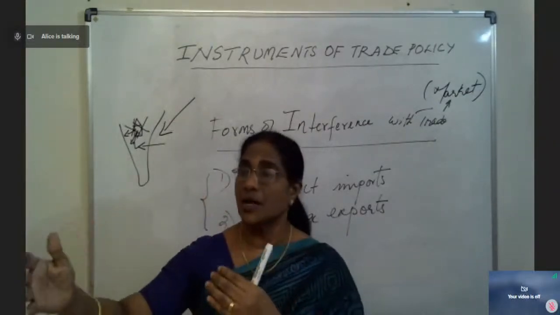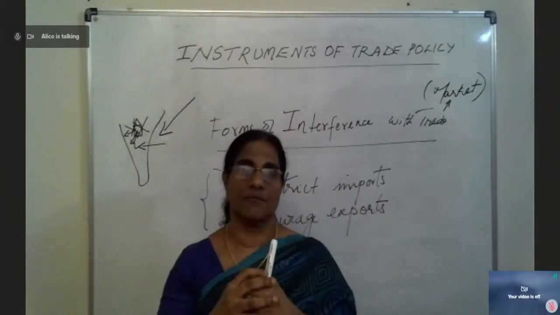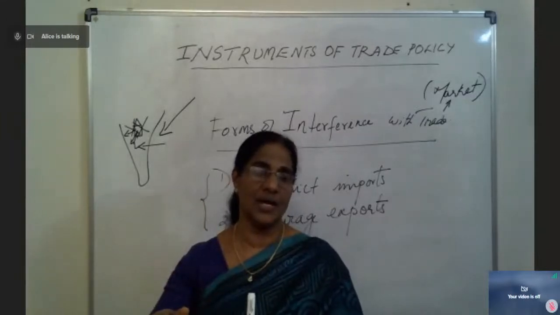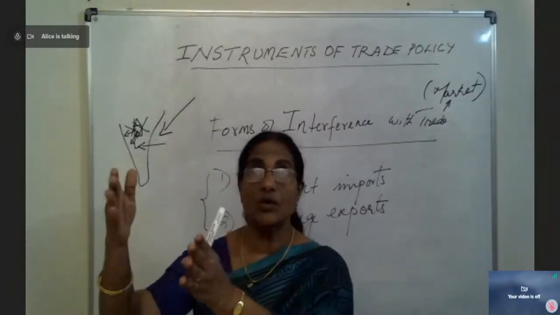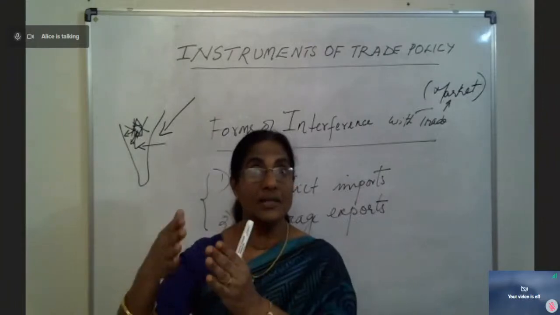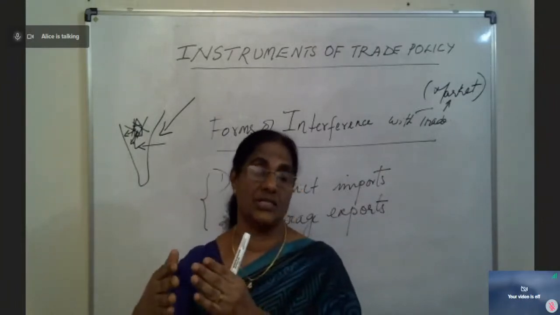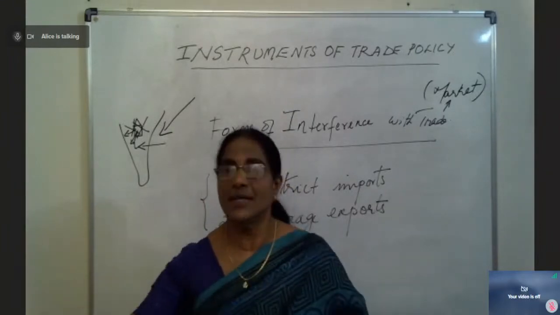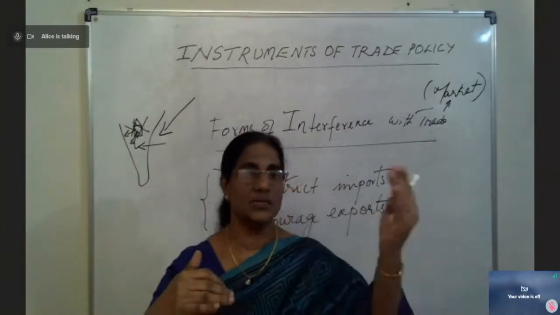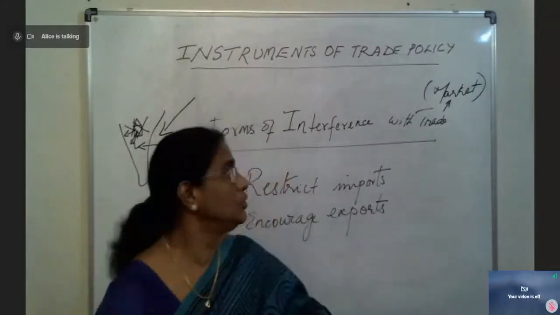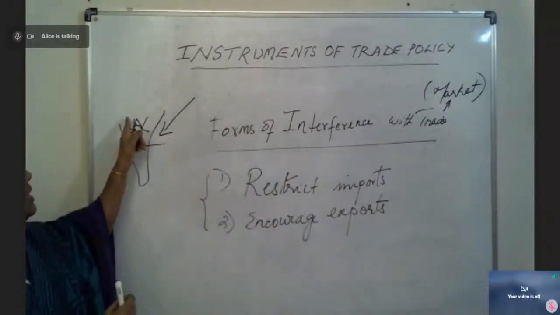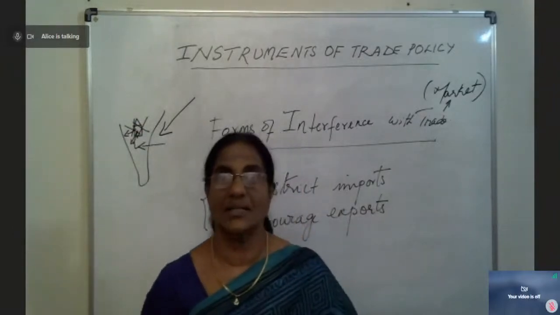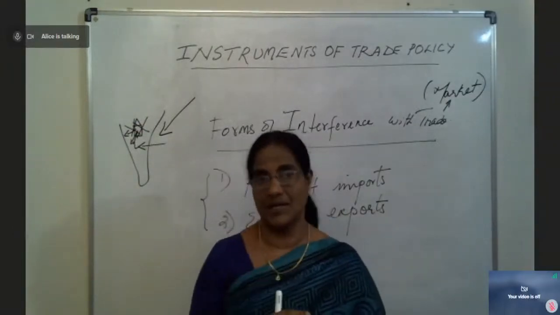We can restrict the entry of foreign goods. But reduce these barriers. Please remember, these are not physical walls. They are policies. Restrictions. Right? So reduce this policy and allow the goods and services from every country to enter our country and compete with our domestic industry. And that is trade liberalization.